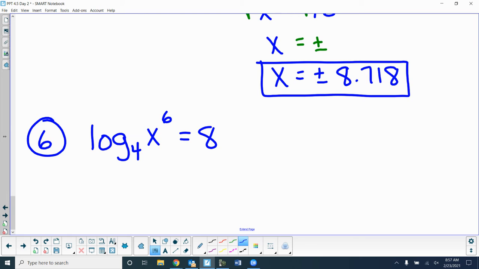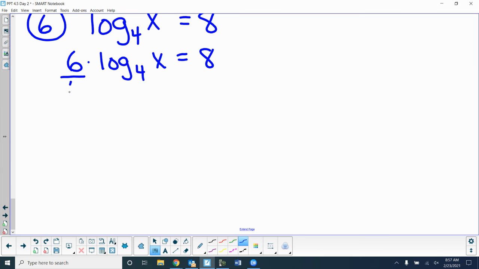That's okay, but you got big numbers again, right? So I like to move that 6 out front, multiply it, and then move the 6 over by dividing. So then I've got a little bit smaller.